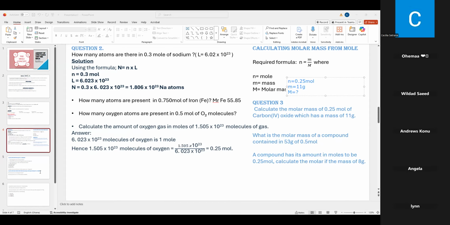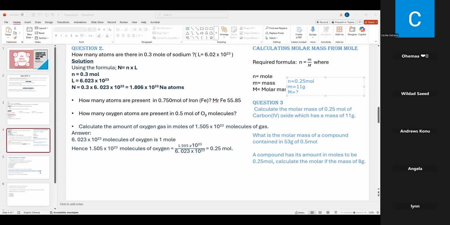Sir, yes, please, I had 106 gram per mole. 106 gram per mole. Rachel, are you the one that spoke? Yes, please. Okay, 106 gram per mole.